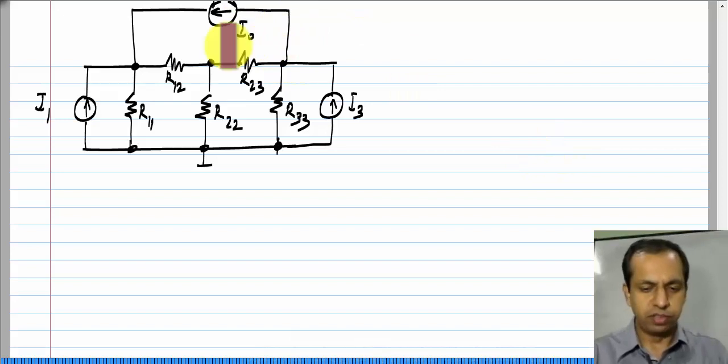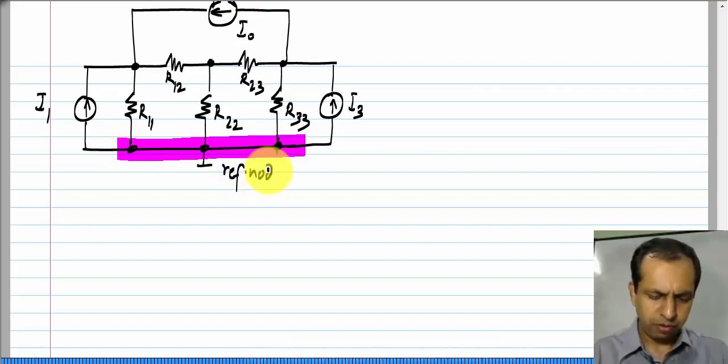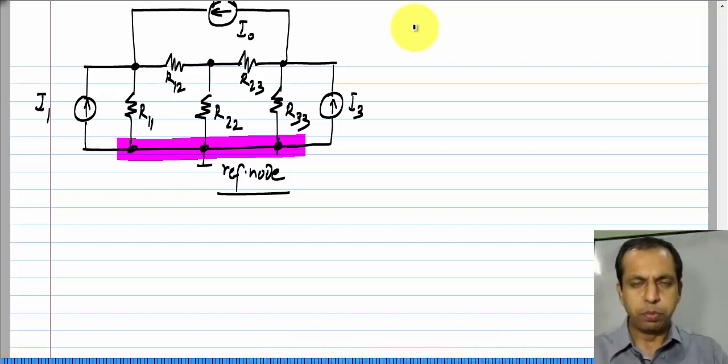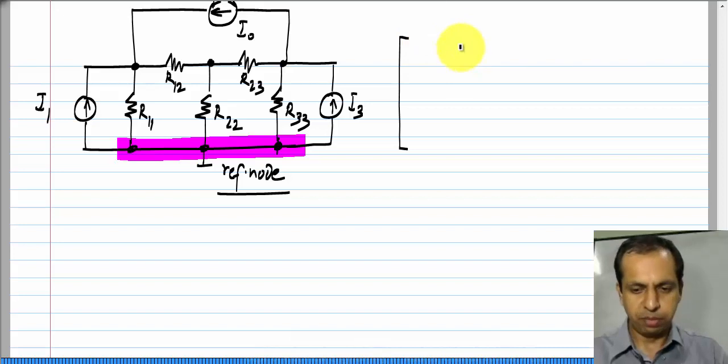Let us say I have this current source, I call this a floating current source if neither of its terminals is connected to the reference node. The reference node is over here. Now, please pause at this point and write down the nodal equations. I am going to write it as well and you can compare the results just for extra practice.